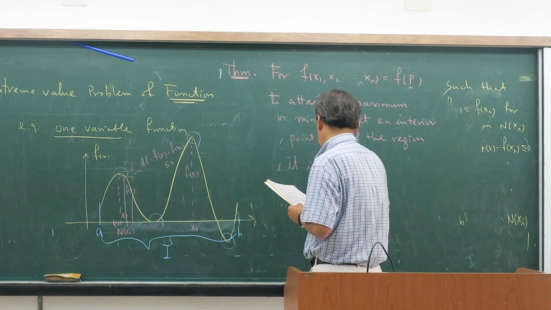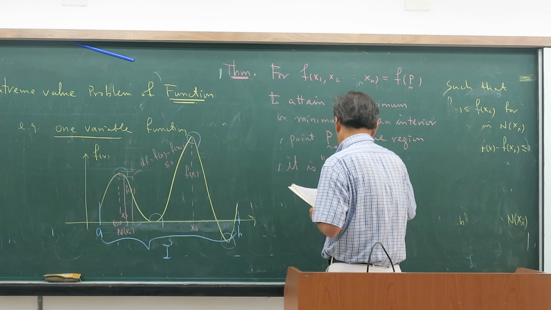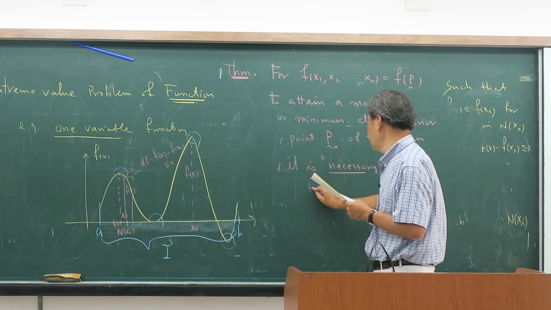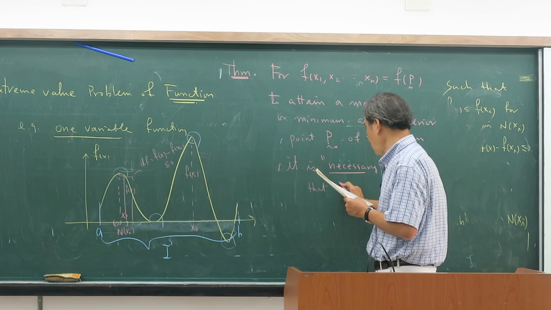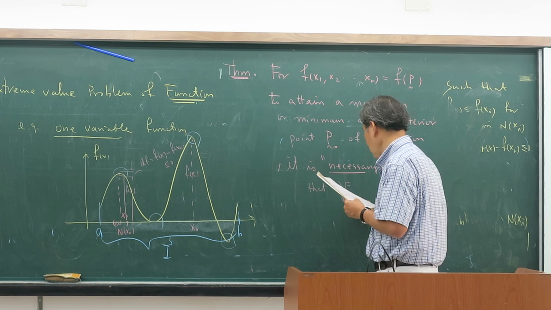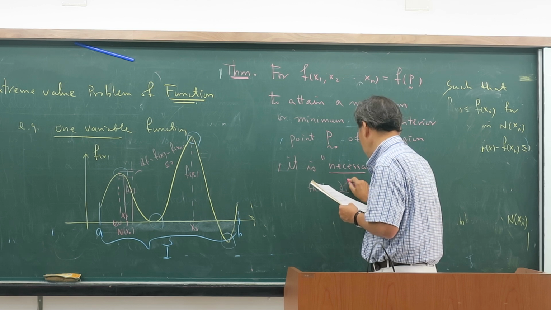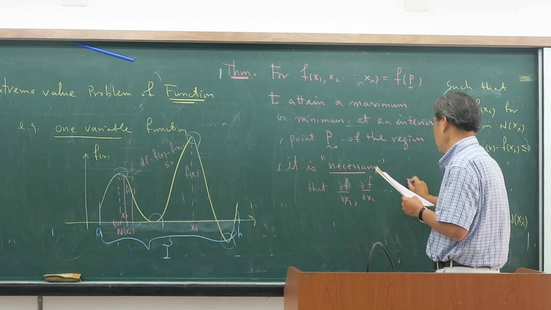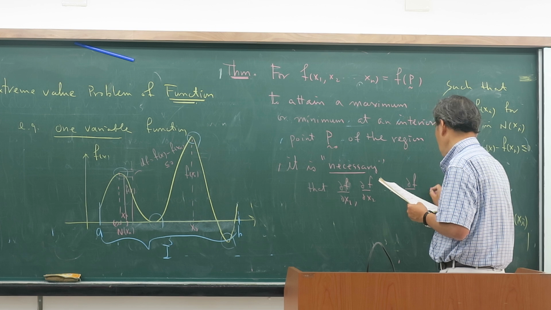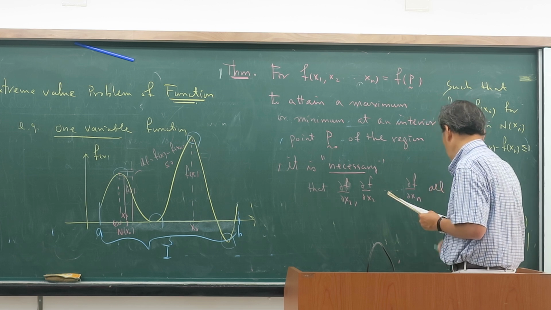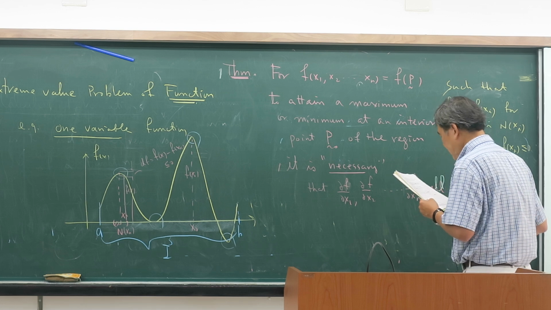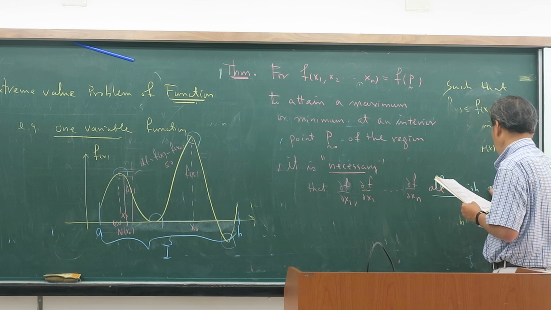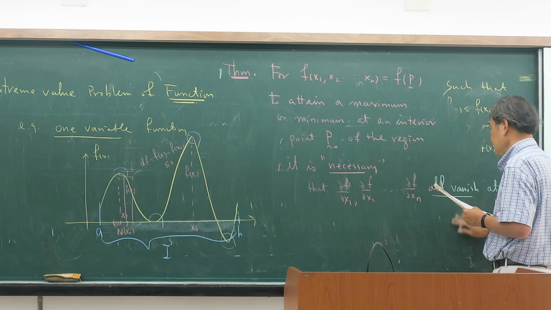it is necessary that partial f over partial x1, partial f over partial x2, to partial f over partial xn, all vanish at P0, this point.